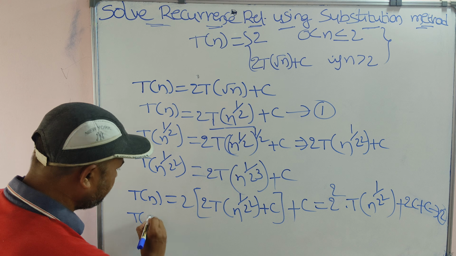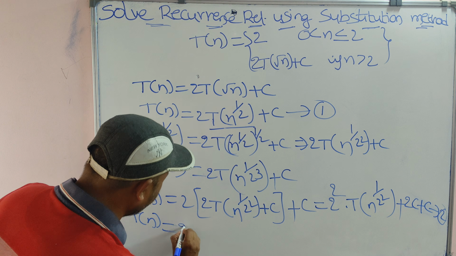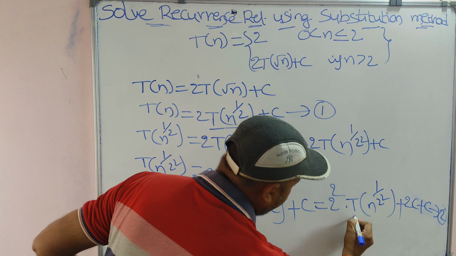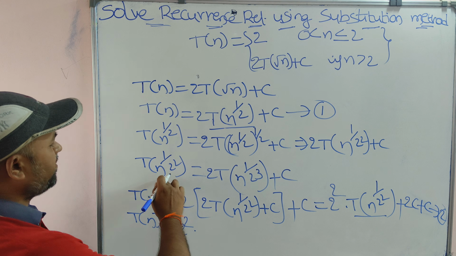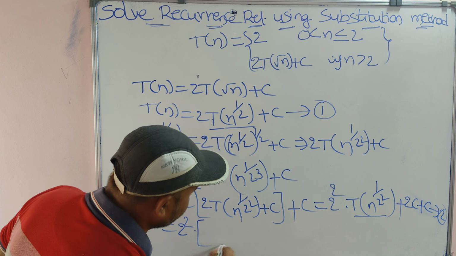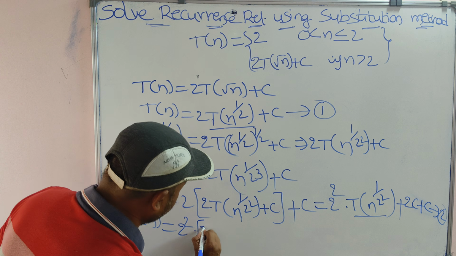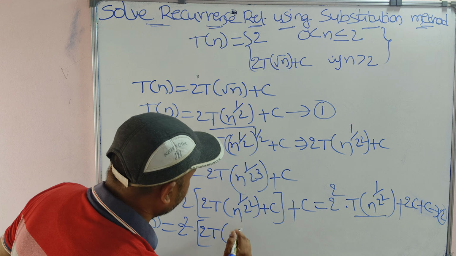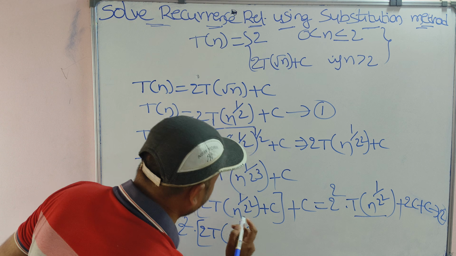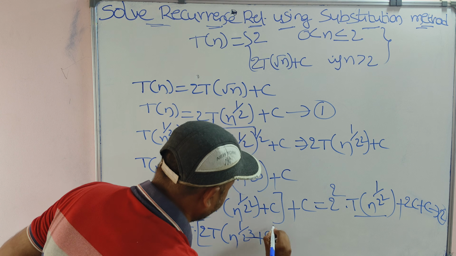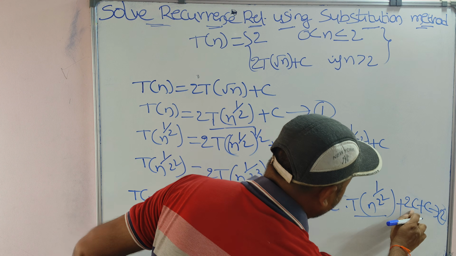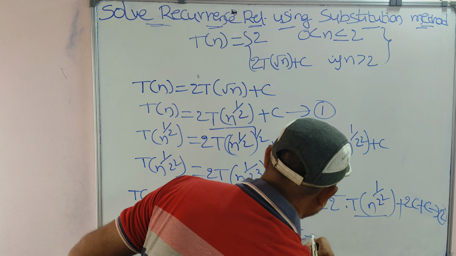Next, T of n equal to 2 square into, already we know what is T of n power 1 by 2 square. So let us substitute the formula. So T of n power 1 by 2 square is 2T of n power 1 by 2 cube plus c, and here additionally we have 2c plus c.